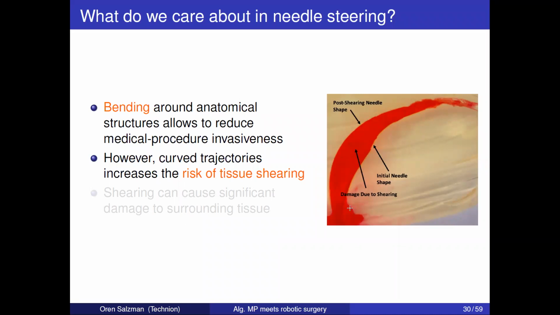What we see here is not blood, don't worry, but the needle just sheared the tissue, and then researchers in Bob Webster's group from Vanderbilt inserted red dye that colored all the part of the tissue that was torn. We can see this huge red part colored by the dye. So the question is, do we really want to care about the shortest path, or do we want to optimize for some other metric?